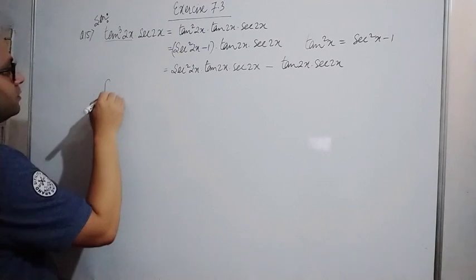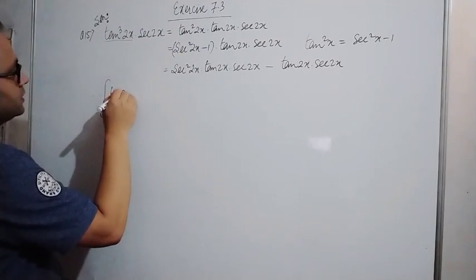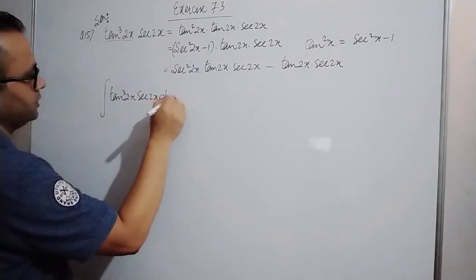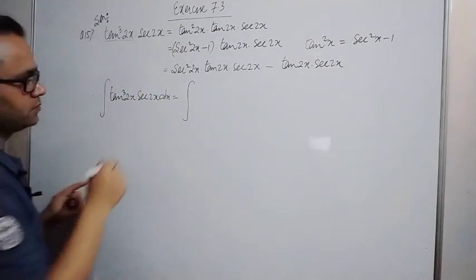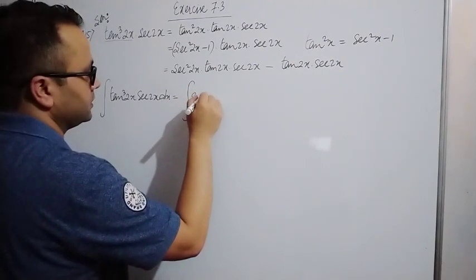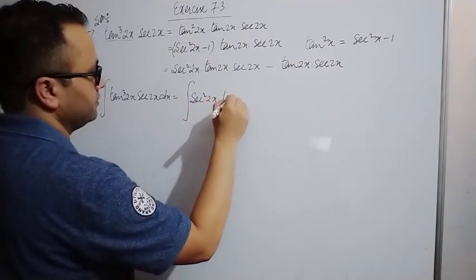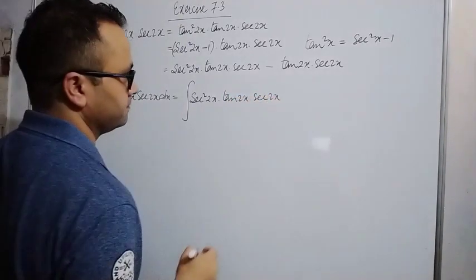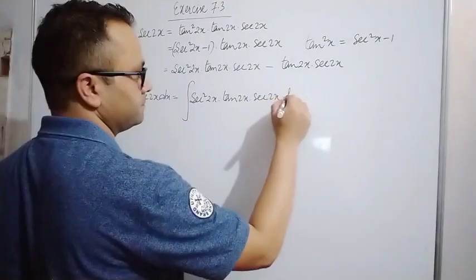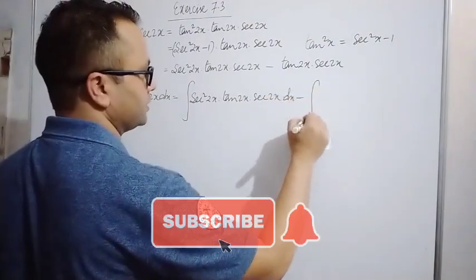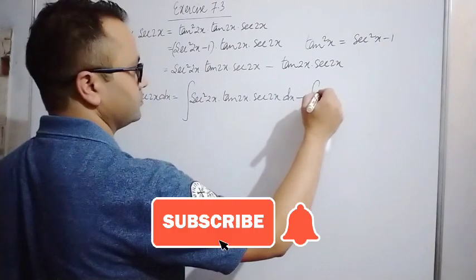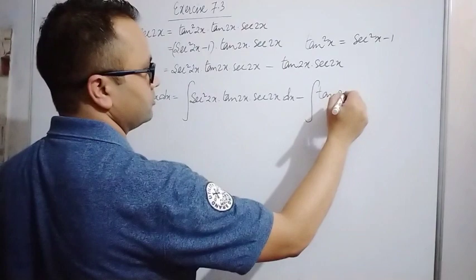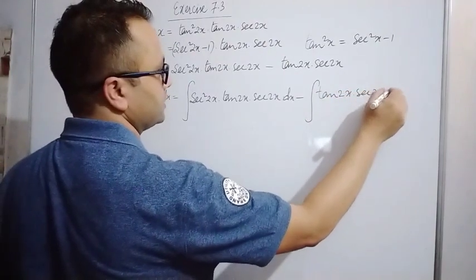Therefore, integration of tan cube 2x sec 2x dx equals integration of sec square 2x into tan 2x into sec 2x dx, minus integration of tan 2x into sec 2x dx.